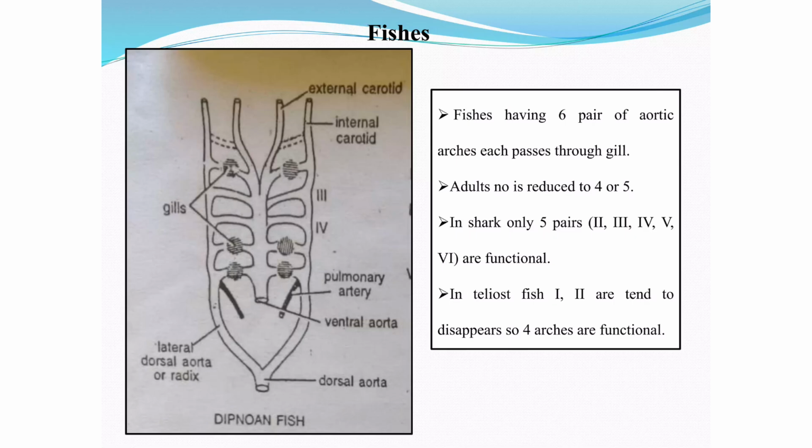This is just the reverse of the evolutionary trend exhibited by the heart of chordates. As the evolutionary scale is ascended, the number of chambers in the heart increases, but the number of aortic arches is reduced.